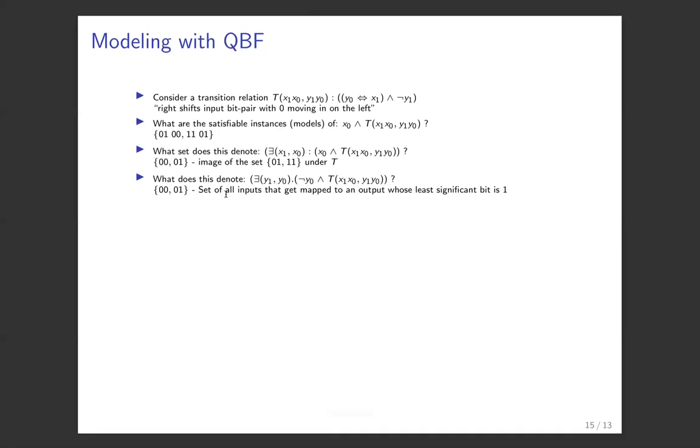Intuitively, what it means is the set of all initial states that get mapped to an output whose least significant bit is 1 in the next state. Okay. It's a pre-image under T of states in which the least significant bit is 0.